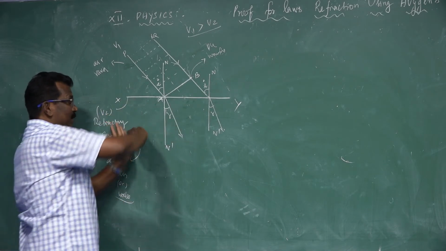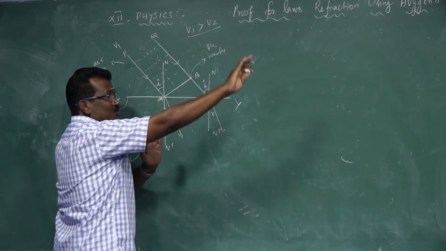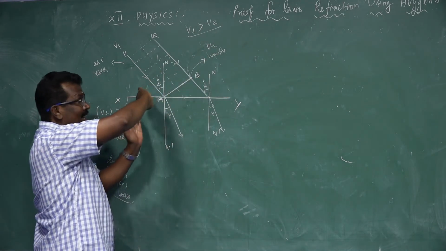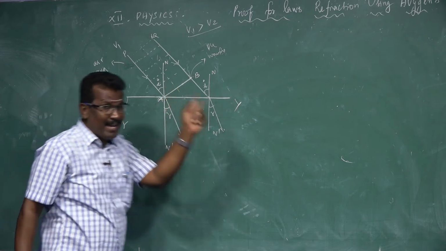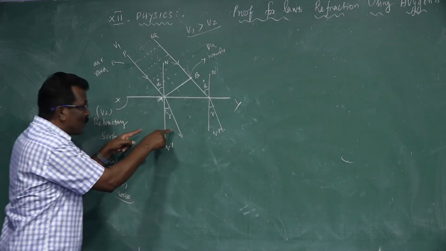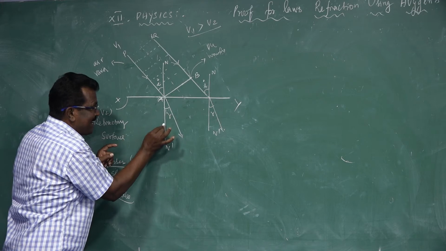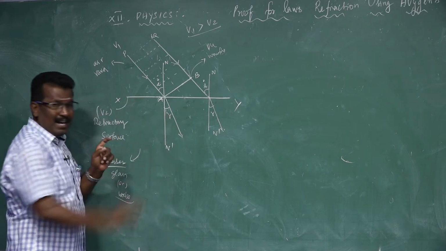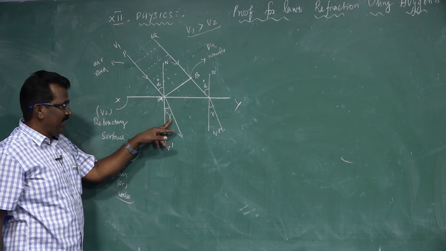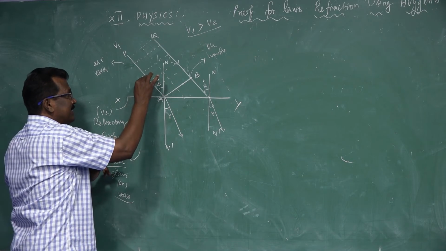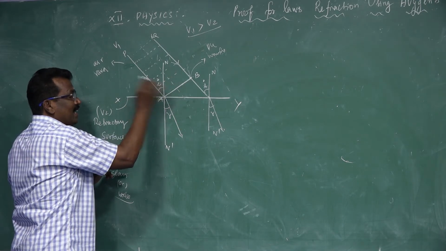If light travels from denser medium to rarer medium, light has to be deviated away from the normal. But if light travels from rarer medium to denser medium, it bends towards the normal. So the angle between the normal and the refracted ray is the angle of refraction. The angle between the incident ray and the normal is the angle of incidence.